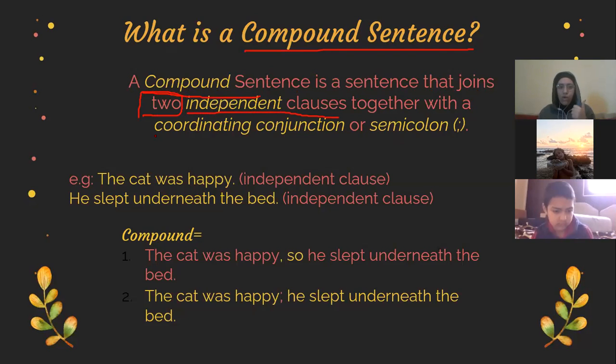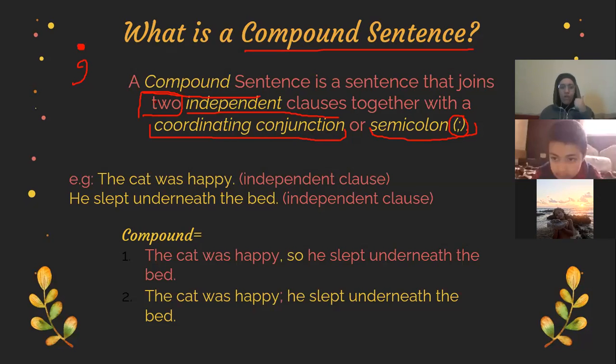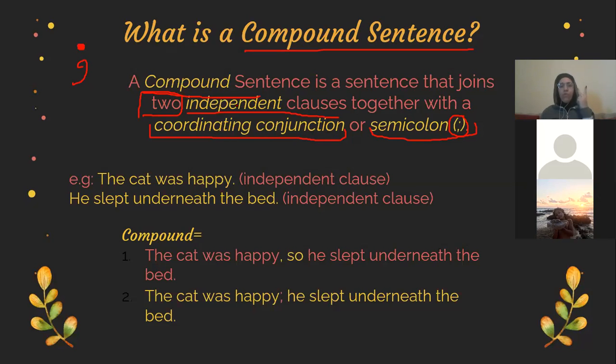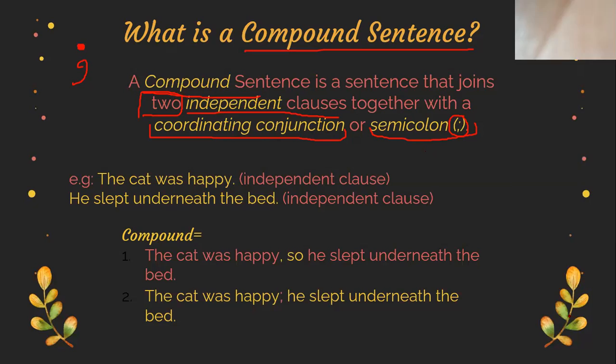With a coordinating conjunction or with a semicolon. This is the semicolon, the comma with a dot over it. So when I say compound sentence, I mean I have two independent clauses.